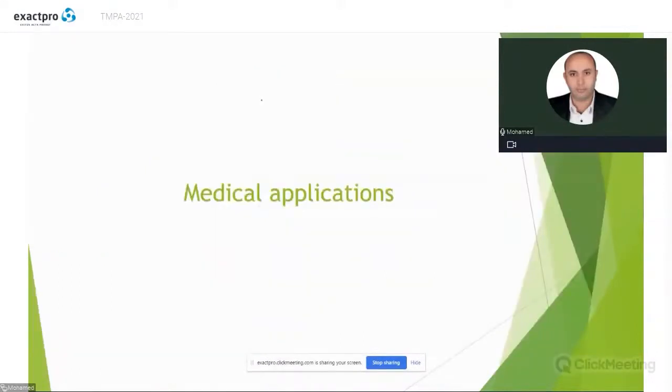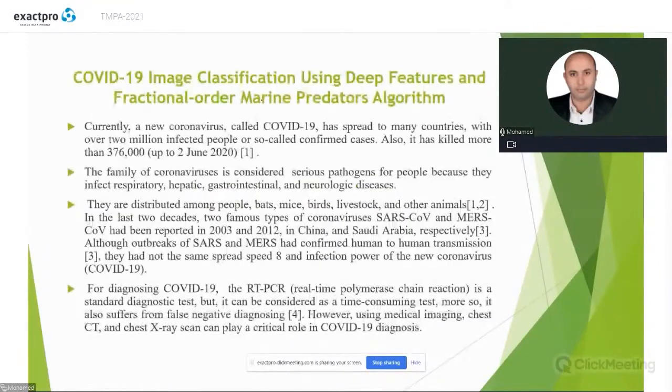The next point now: how we can use meta-heuristic techniques in medical applications. Here we will study only one application, which is COVID. COVID-19, as we know, spread in late 2020, and most tests to determine if the patient has COVID or not are expensive.